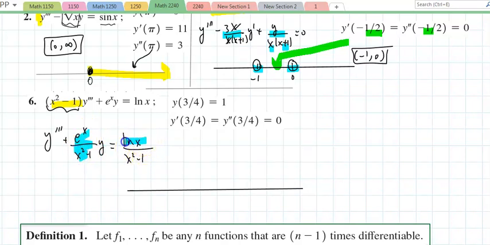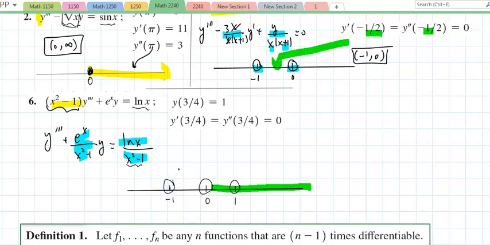This and this. Well, to start off, this restricts x to be greater than 0. This says stay away from 1 and negative 1.